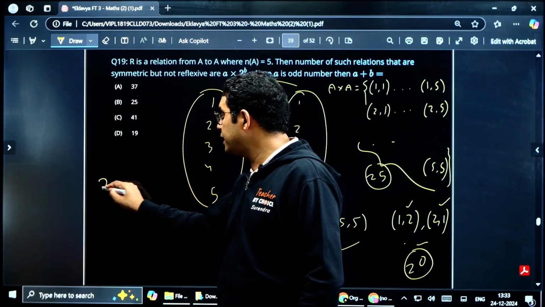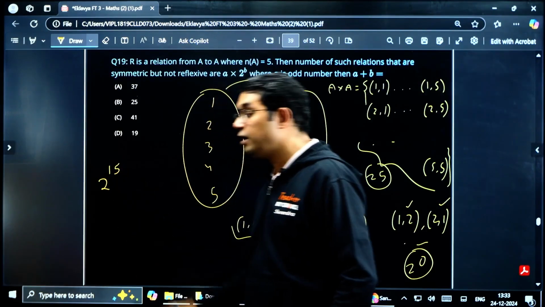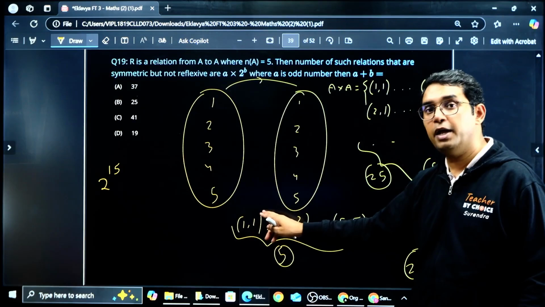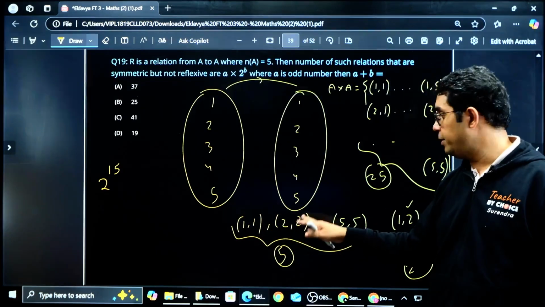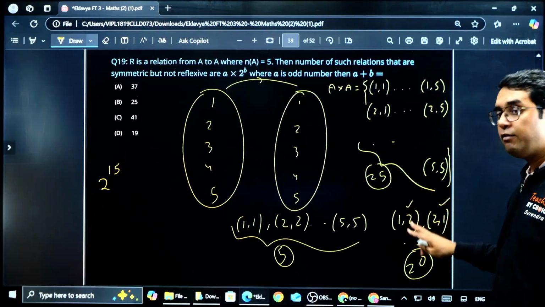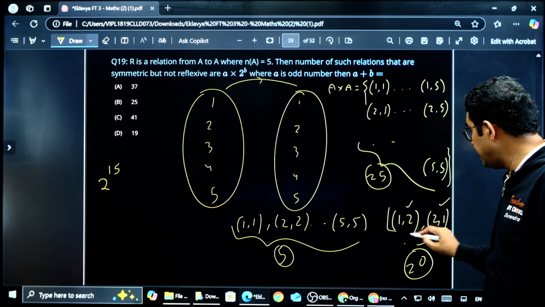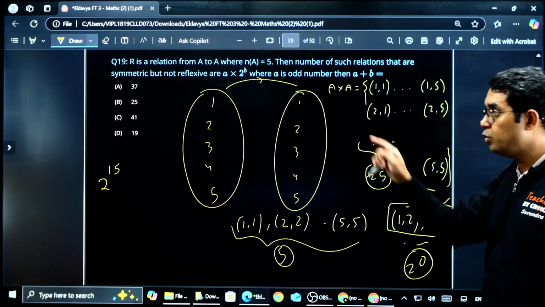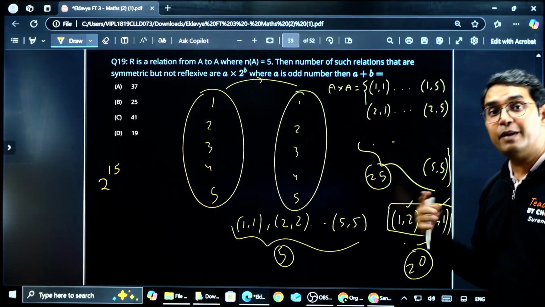So for all symmetric relations, it will be 2 raised to the power 15. For these 5, I can choose this, or I may not choose this. So 2 into 2 into 2, 2 power 5 options for these, and 2 power 10 for these, because either this entire pair will be there or the entire pair will not be there. So only 2 power 10 options. So 2 power 15 is the total number of symmetric relations.